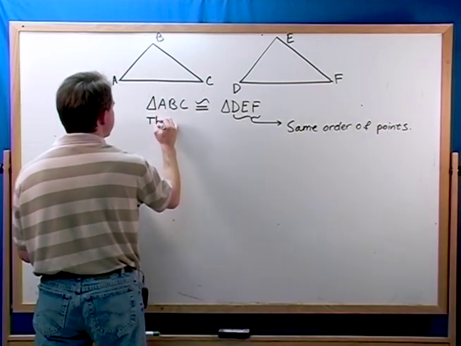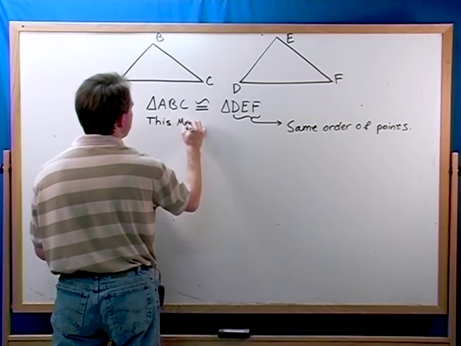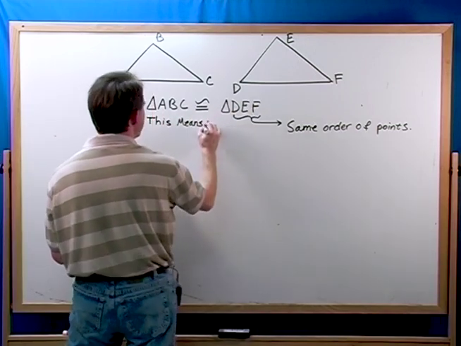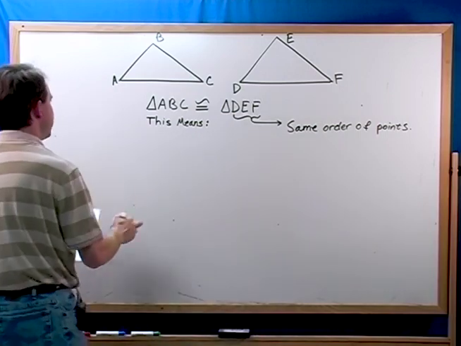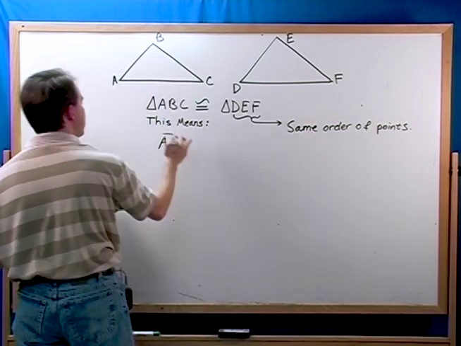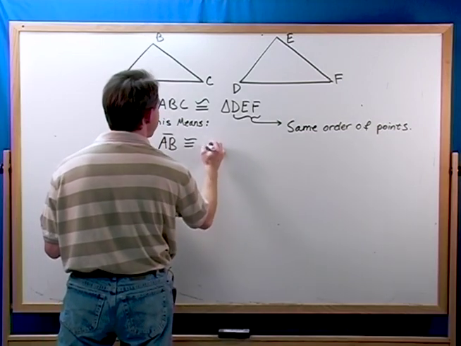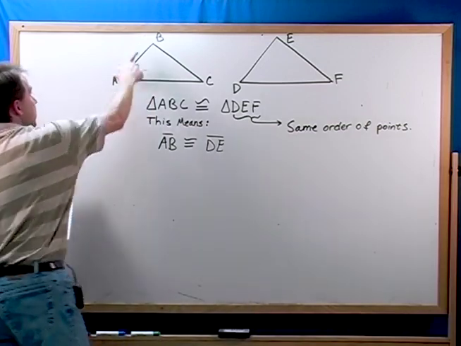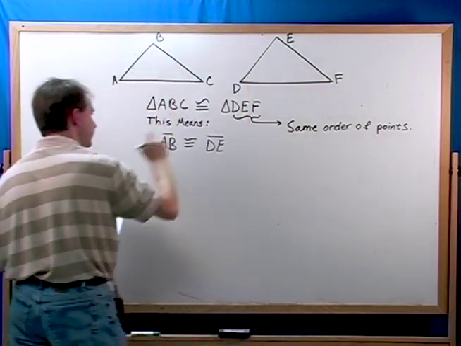This means, all this line means, it means a lot of things, so I'm going to write it all out to you. It means that line segment AB, which is this one, is congruent to, can you guess? Line segment DE. This is congruent to this. That's got to be true.